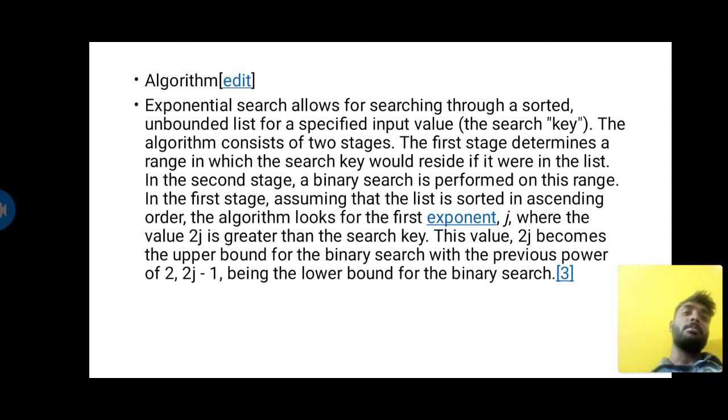In the second stage, binary search is performed on this range. In the first stage, assuming the list is sorted in ascending order, the algorithm looks for the first exponent j where the value 2^j is greater than the search key. This value 2^j becomes the upper bound for binary search, with the previous power of 2, 2^(j-1), being the lower bound.